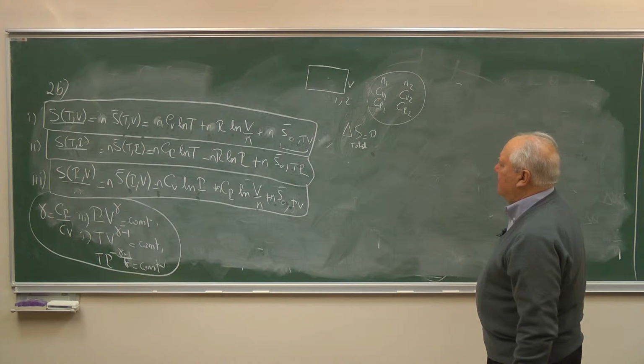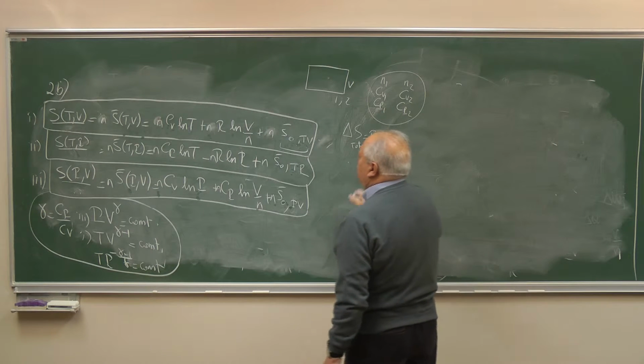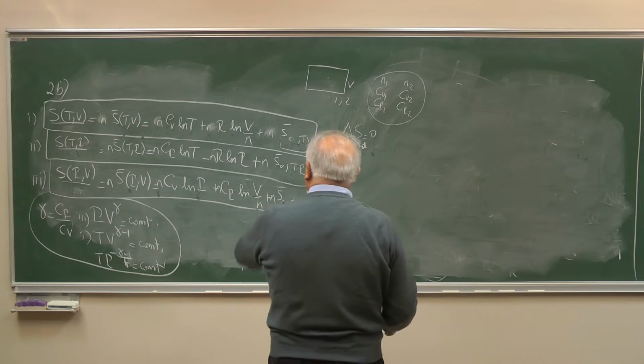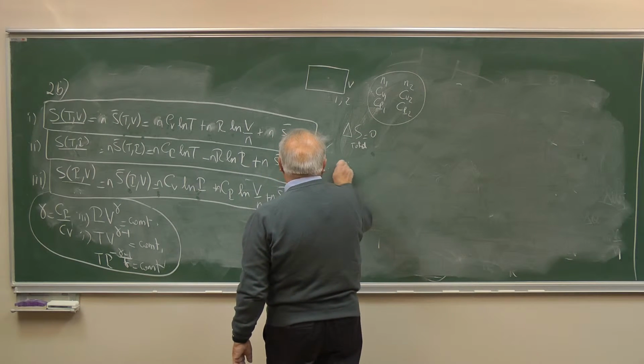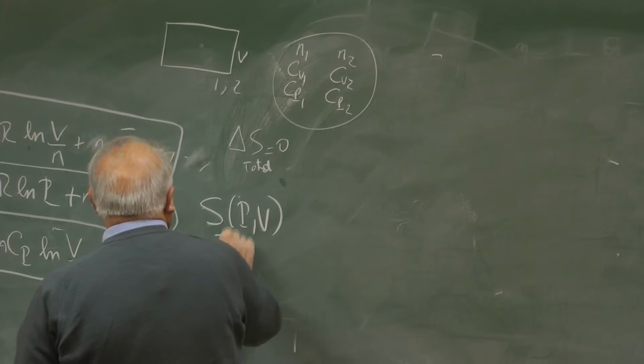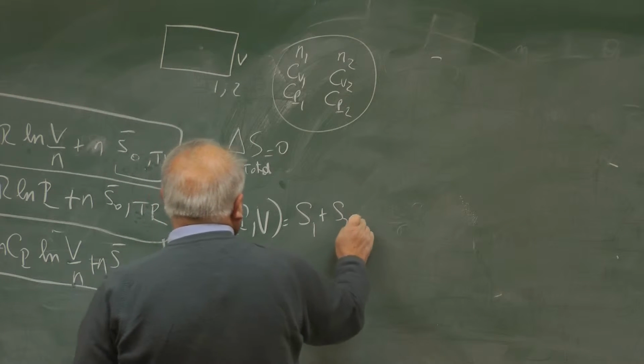So let's write this. S PV total is equal to S1 plus S2.